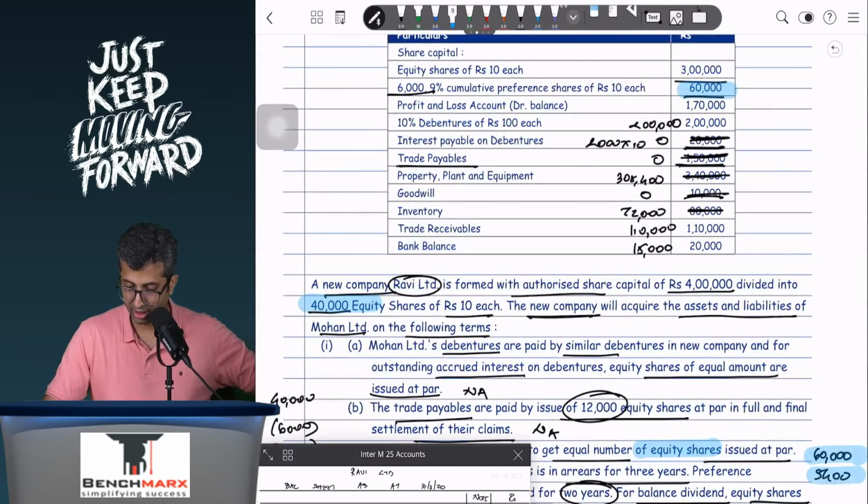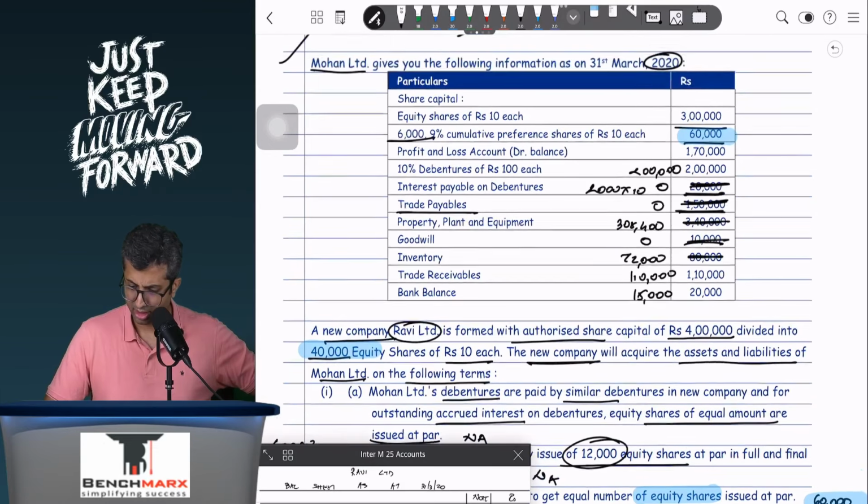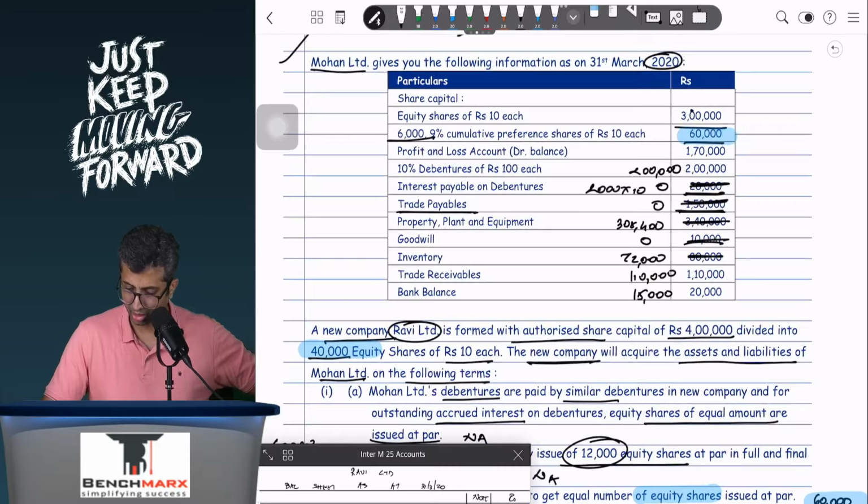So over here, finally, your equity share capital will be a total 4 lakhs, 40,000 into 10. This will be 4 lakhs. Your cash bank will be 15,000 plus 94,600. That is 1,09,600. And if I now were to total, P&L debit balance will not be taken over.